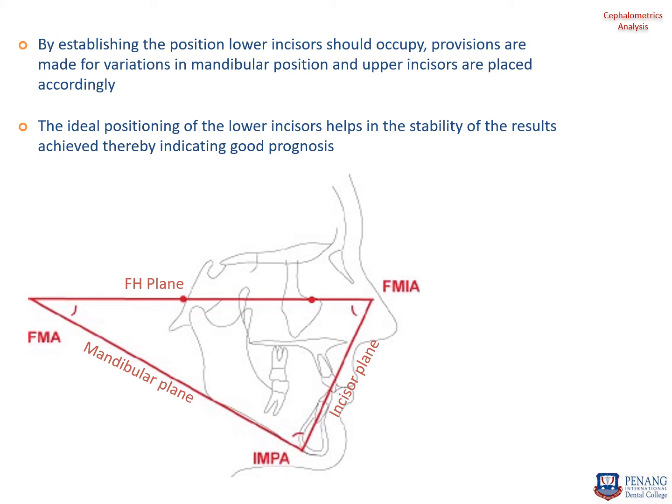Also, you have to make certain provisions in the mandibular position and upper incisors position accordingly to match the final position the lower incisors will occupy. So that's what Tweed's analysis reflects, and this is how it will guide you in understanding where and how to place the lower incisors, and what are the implications of placing this lower incisor in that particular position.